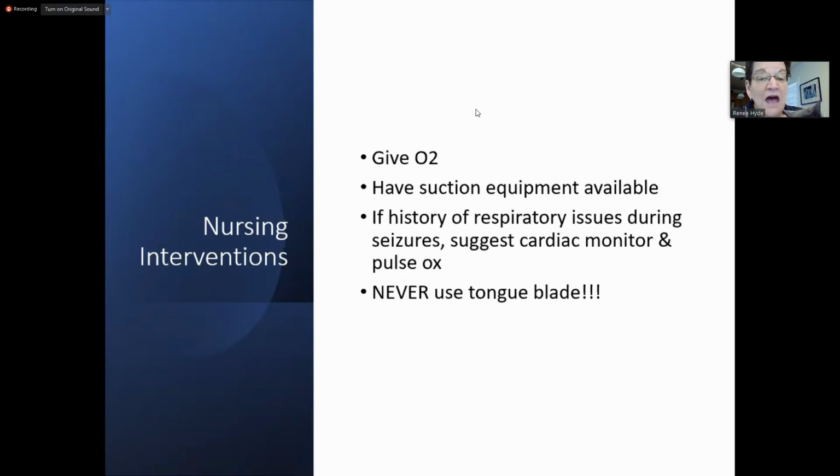Now, if they have a history of respiratory issues during the seizures, cardiac monitoring and pulse ox monitoring are probably going to be things that you do as well. And then again, never use that tongue blade. You can leave it above the bed if you want to as a sign that this patient has seizures, but it should never come down off that wall. In fact, most hospitals don't even do that anymore.